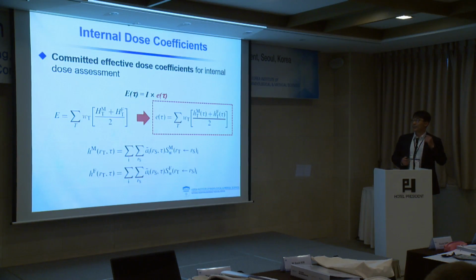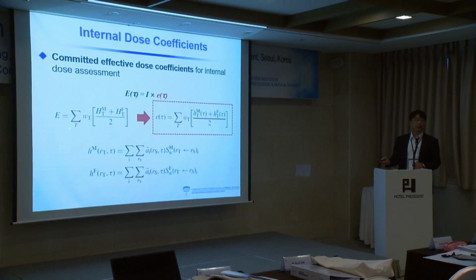And next one, I want to introduce the dosimetric model to calculate the energy deposition in the target region from the nuclear transformation in the source region. This is the equation of the effective dose. It's a little bit complicated, but it's an equation of the effective dose using the sex-averaged equivalent dose for male and female.